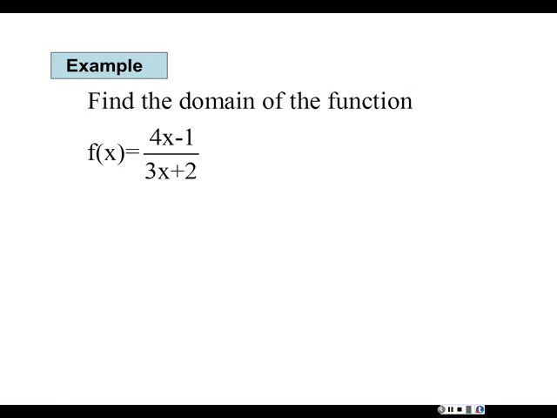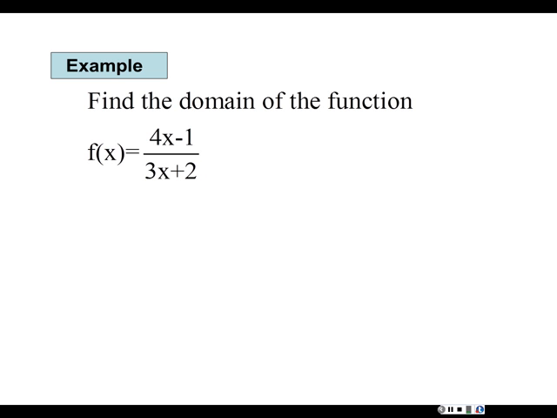Now how do you write a domain excluding this point? You will start from negative infinity, right? And you will go all the way to this point, but you will not include this point. Look at this. We are not including this point, and we ended just before this point. And then we will again take all the points just after this all the way to infinity.